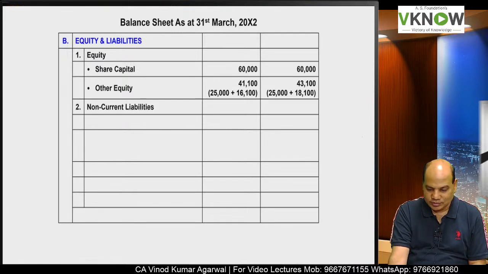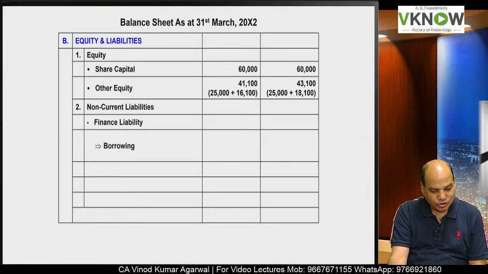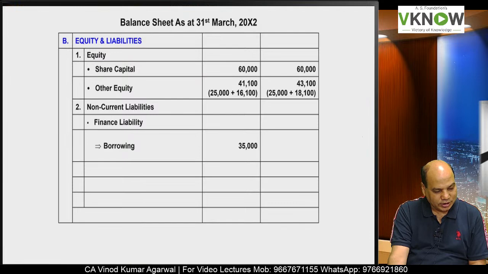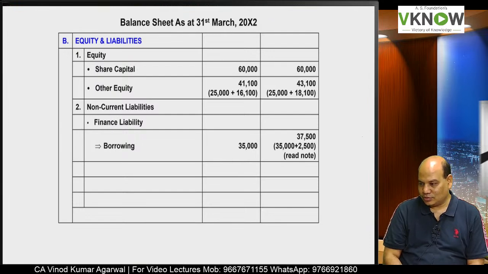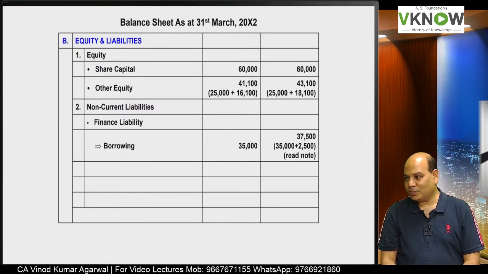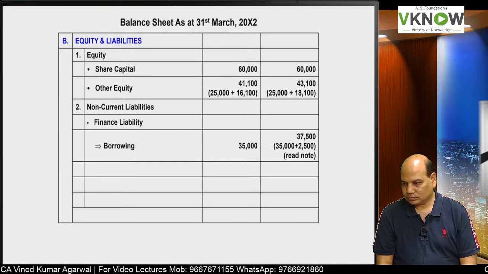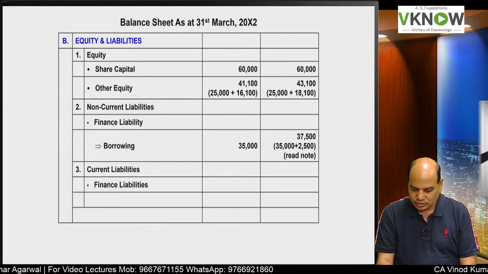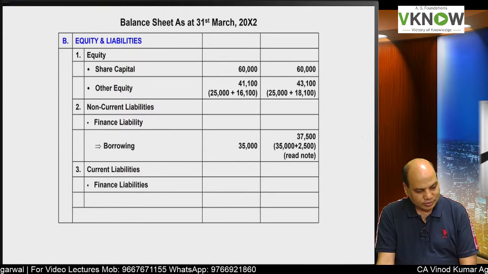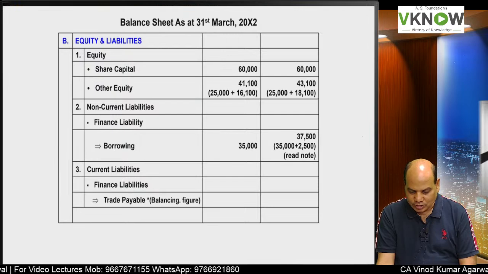Non-current liability, under that write financial liability, borrowing. First column same figure, 35,000. And second column I will add the 2,500 also. That is also payable. 37,500. Current liabilities, financial liability, trade payable.